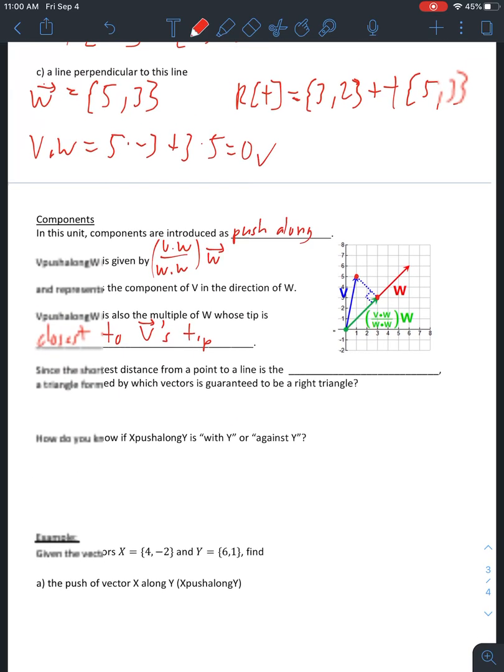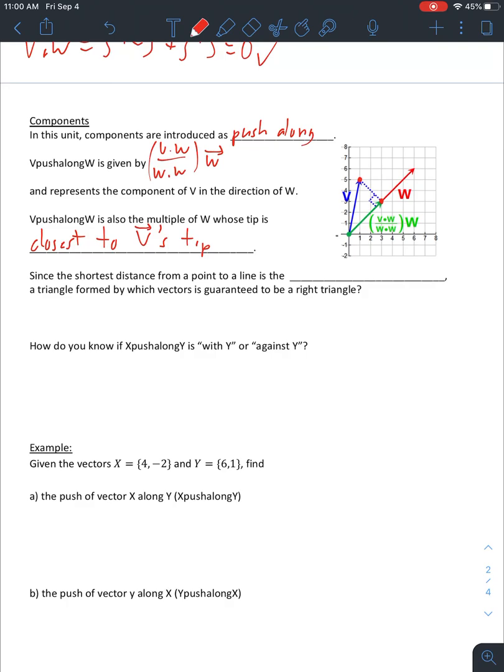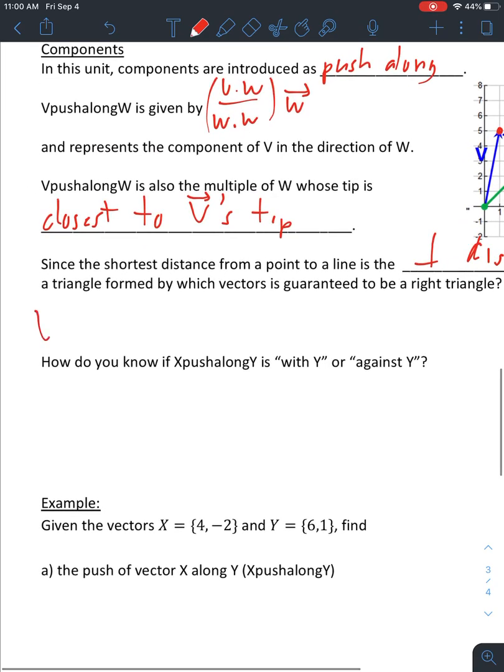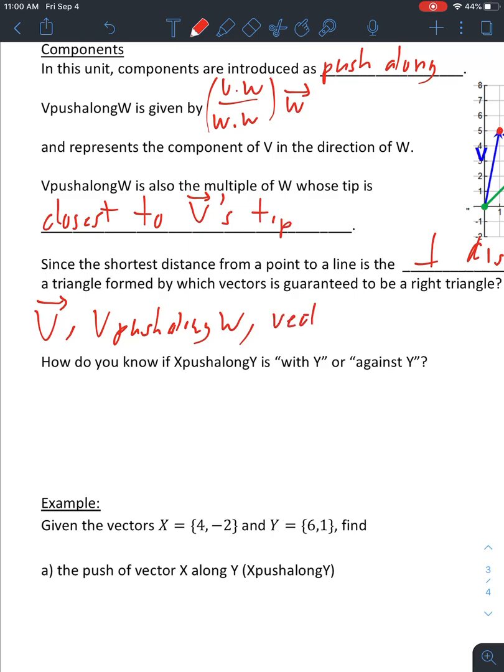And because of that, since the shortest distance from a point to a line is perpendicular distance, we can be sure that the following three vectors will always form a right triangle. The vector v, the vector v push along w, and the vector that connects those tips.